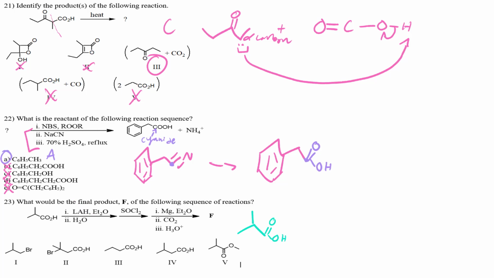And I know that pure lithium aluminum hydride is going to make this whole thing into a primary alcohol. So this carboxylic acid disappears and it becomes a primary alcohol. In this case, it's a tertiary. Now, we are treating it with thionyl chloride, SOCl2. And I know that SOCl2 is going to remove this alcohol and replace it with a chlorine.